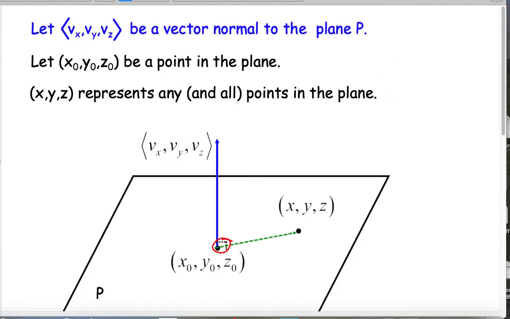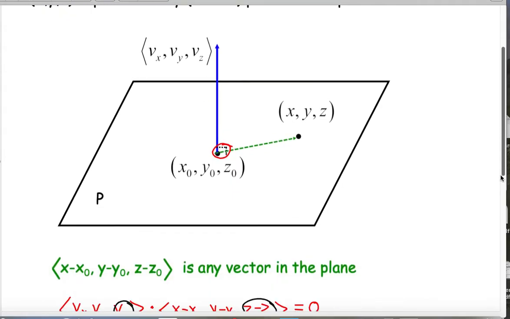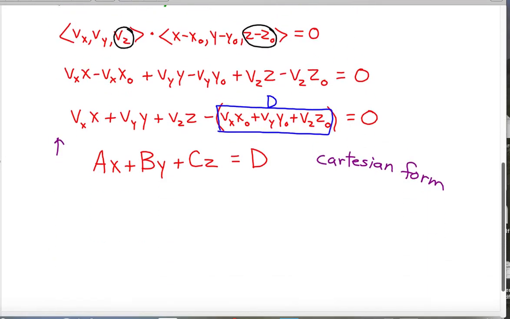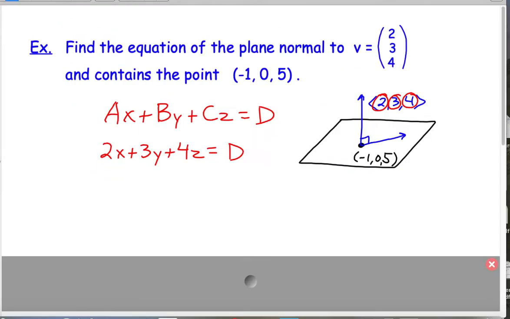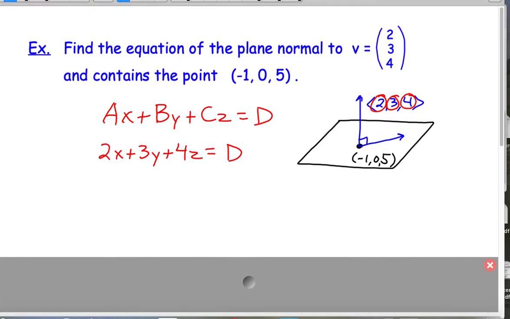Well, what I don't want to do is have you try and memorize this calculation here for that d value. I mean, you can if you like, but it's not worth it because there's a much simpler way to do this. And that's by simply taking this point, and we know that the point is on the plane, so it should satisfy this equation.